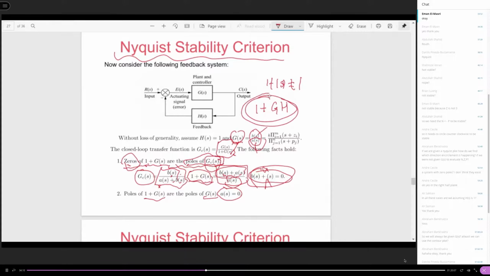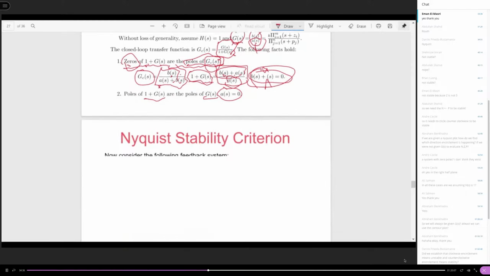You just need to replace the evaluation of the Nyquist plot from 1 plus G to 1 plus GH, because that is the new denominator of the closed loop transfer function. You got my point? Any other question? Okay, so now we can move on.